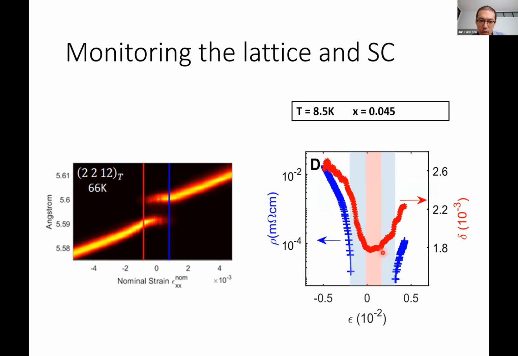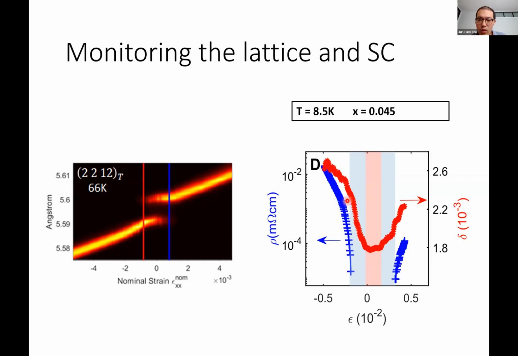So we plot the orthorhombic distortion, which is the red curve, as a function of nominal strain. You can see that there's a range where we're just detwinning the crystal, so the orthorhombicity is unchanged. But then you can further distort the crystals, and you start to see increased orthorhombicity for both compressive or tensile strain.